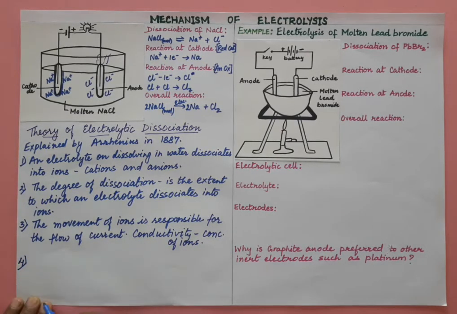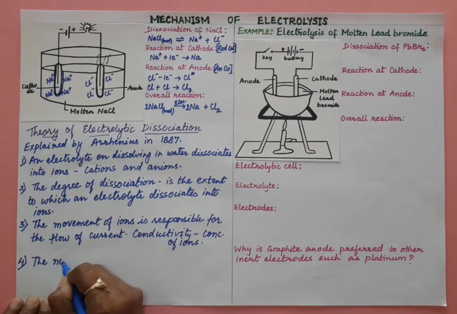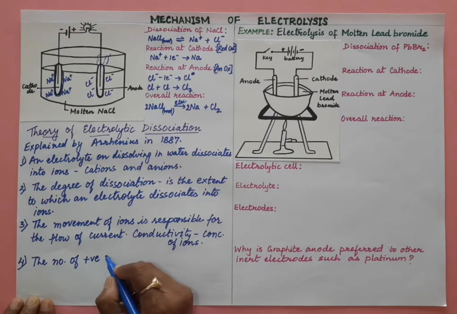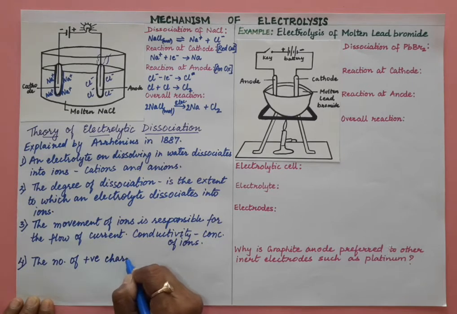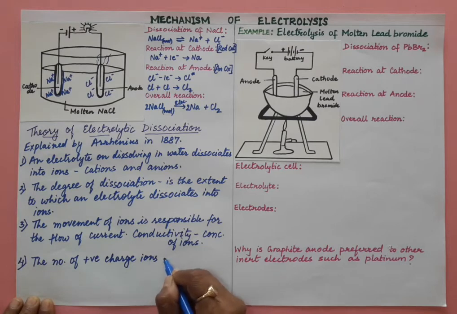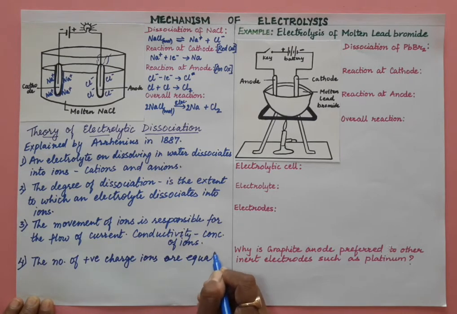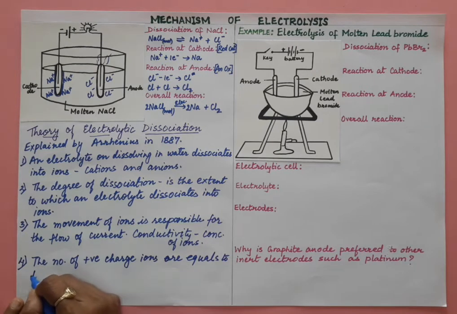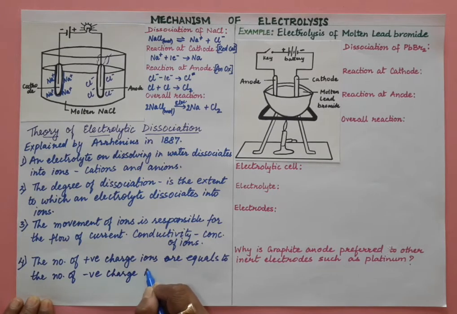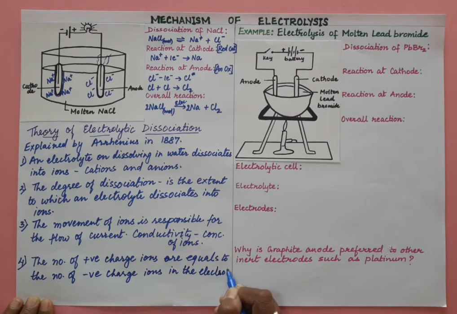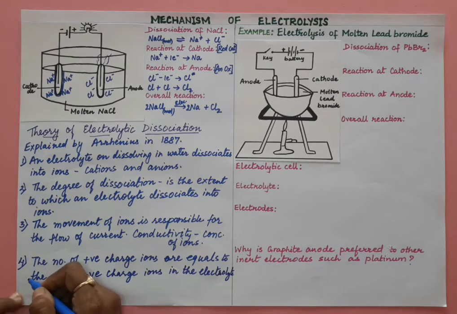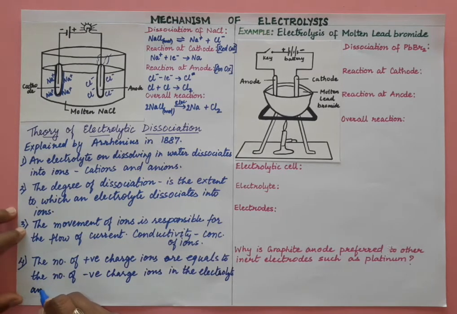The next postulate is that the number of positively charged ions is always equal to the number of negatively charged ions in the solution or electrolyte, and this solution is in electrolytic equilibrium.